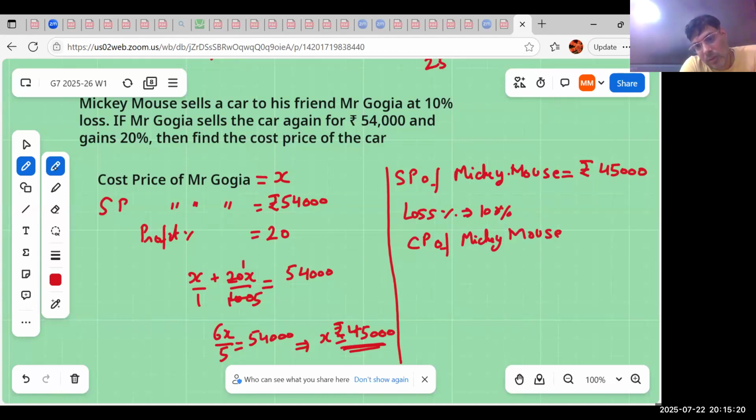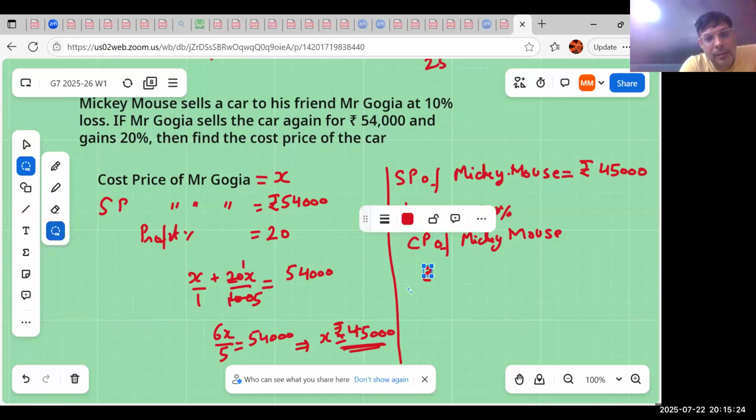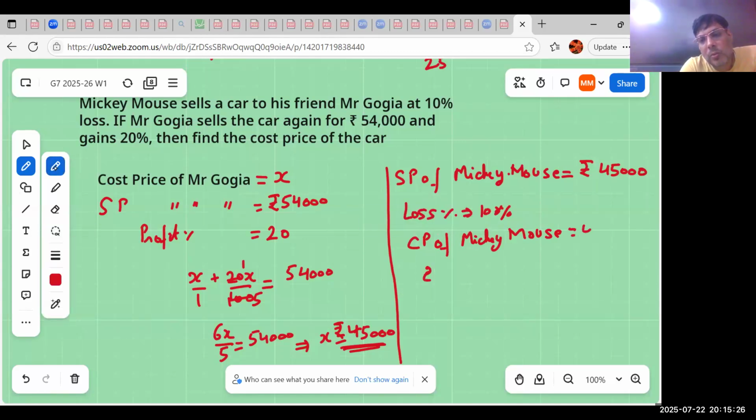So again I will do x, but now I cannot take x, I have to take y. So y plus 10y by 100, because cost price plus loss is going to be your SP. That will give you 110y.